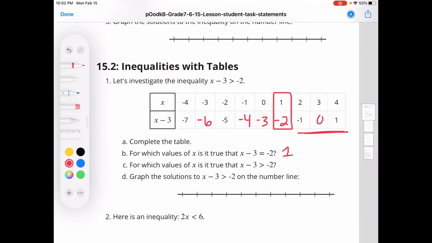So that tells me that these three values, so 2, 3, and 4, would all give me answers that are greater than negative 2. So I could also rewrite that as, I know that my x value must be larger than 1.